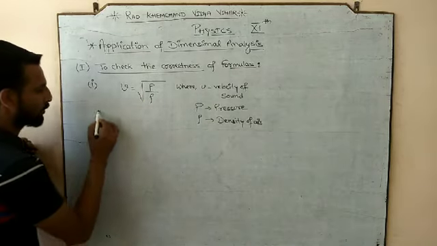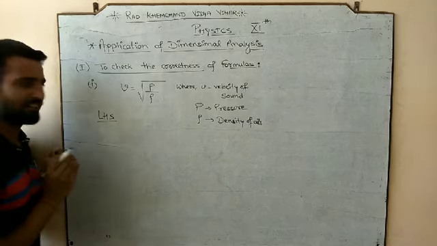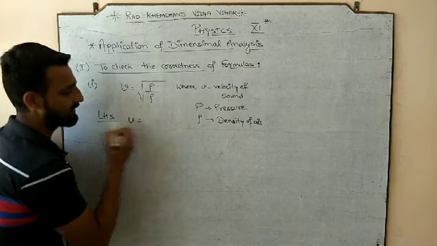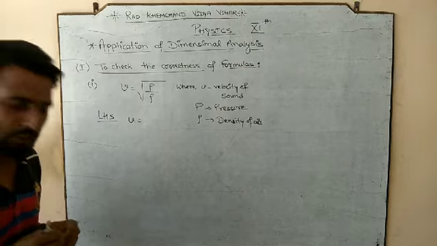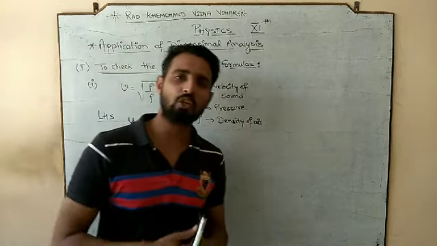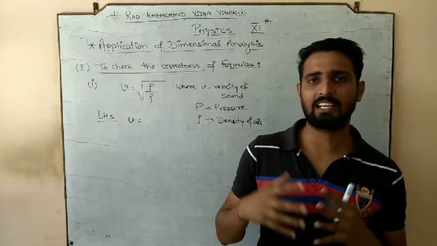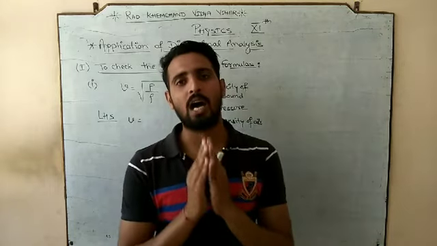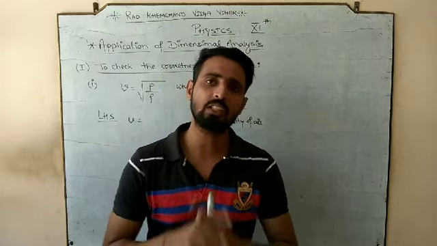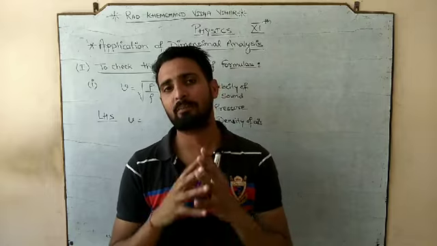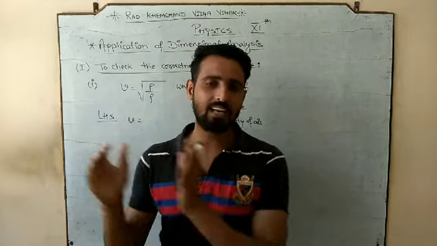So how to do it? We are going to work on both sides separately, the left hand side and the right hand side. So what do we have on the left hand side? Velocity. Now you can look at your dimension table. At the starting stage of such numericals, you are allowed to go through the table of dimension formulas that we made in the previous lecture, or at the start of this video.